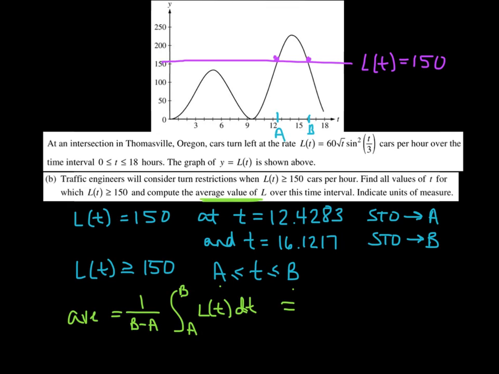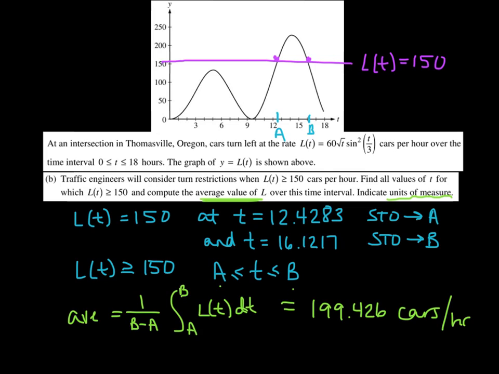So go ahead, pause the video, enter that into your calculator, and if you have 12.4283 stored in for A and 16.1217 in for B, then this is going to become much easier. Enter that in and come back with a value. And make sure that you also take time to think about your units of measure.